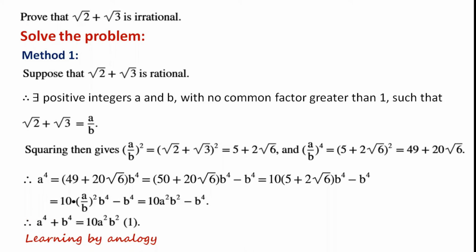By rearranging this equation, we have a to the power of 4 plus b to the power of 4 equals 10a squared b squared.